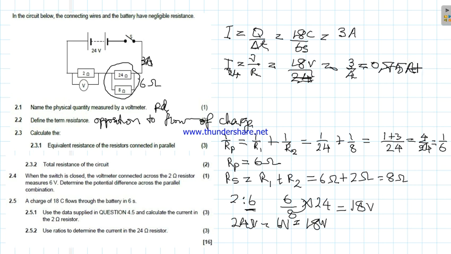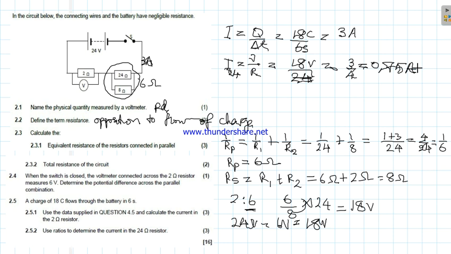Okay, all right. We can use the same formula to calculate the current flowing through the 8 ohm resistor, where we are going also to say 8. The voltage is 18 volts.